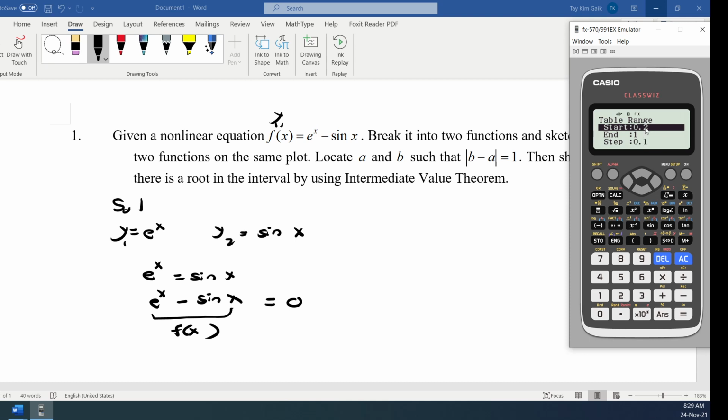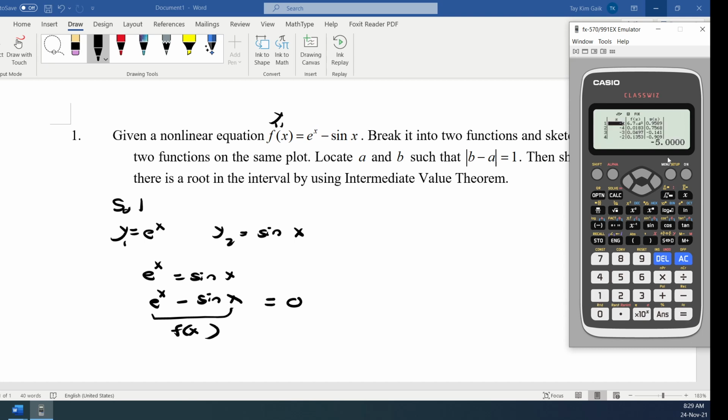I don't know why it saved the previous value there. Let's say I put from -5 to 5, because you know the trigonometry and the exponential have a negative side and a positive side. So I just put -5 to +5, and the step size is 1.